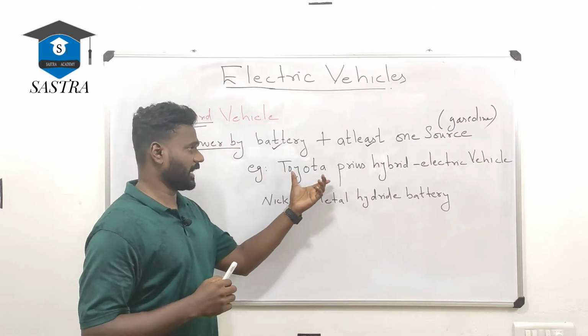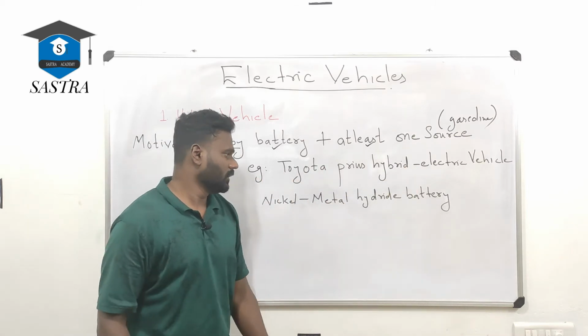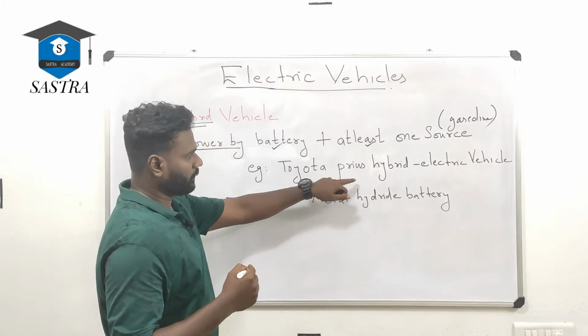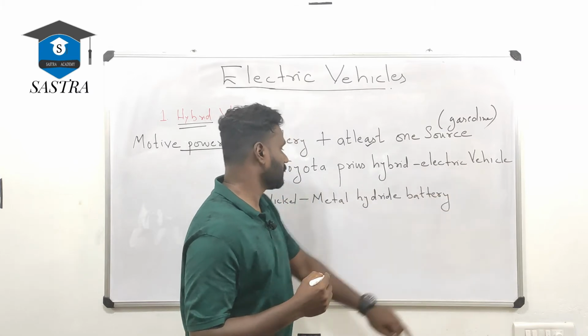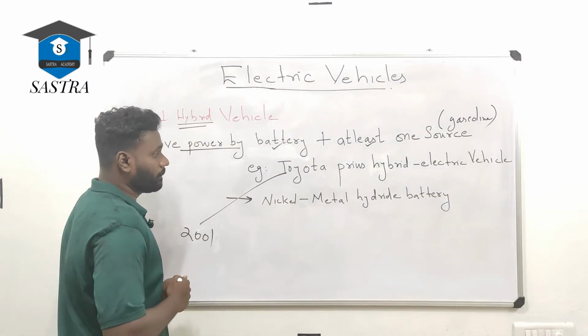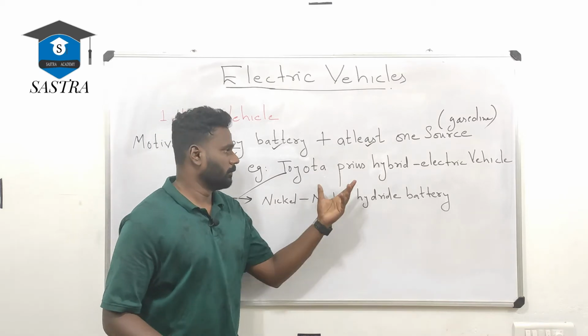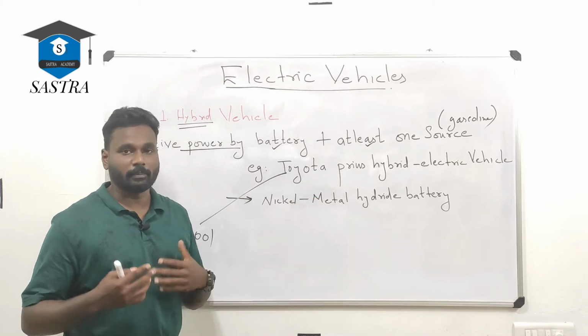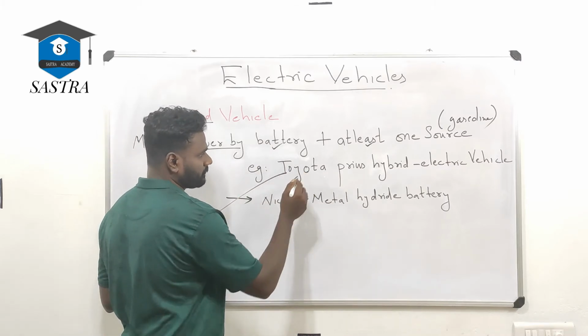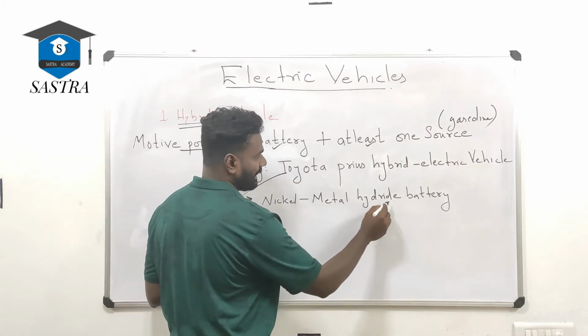And there is an example, the Toyota Prius hybrid electric car. I think it was launched in 2001. At that time there were only one or two electric hybrid cars in America, the USA. The battery used at that time for this car was the nickel metal hydride battery.